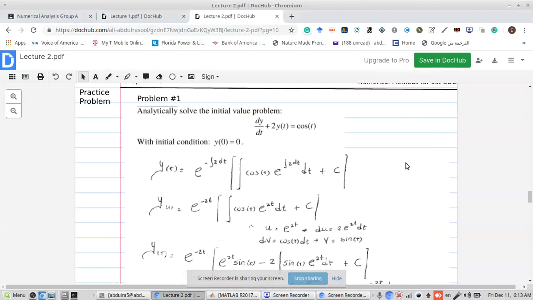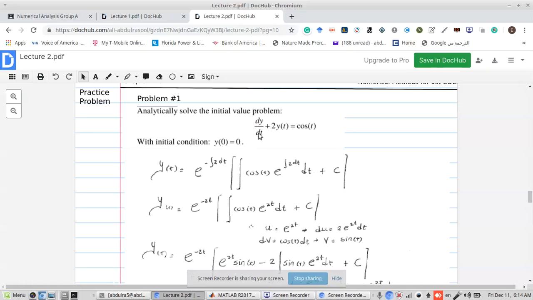Hello everybody. Today I'm gonna use Matlab in order to solve this equation numerically by using the Euler method, the modified Euler method, Heun's method or improved Euler method, and also the Runge-Kutta method.